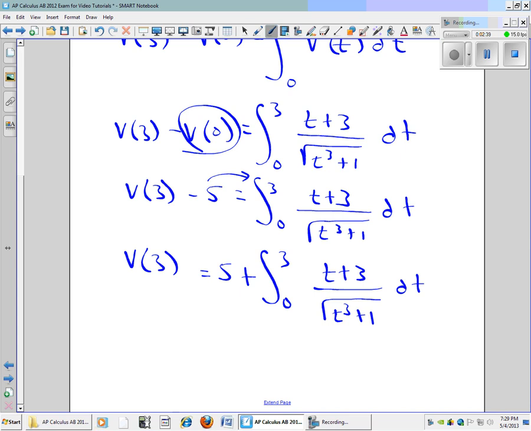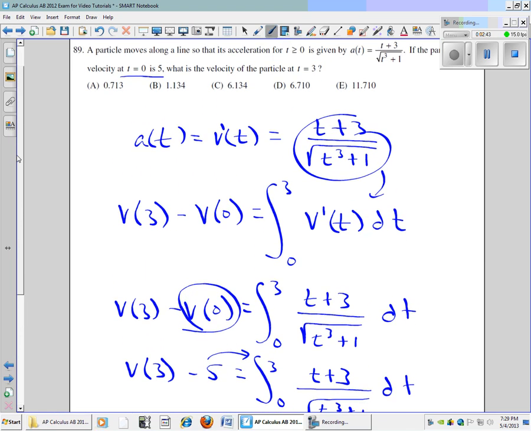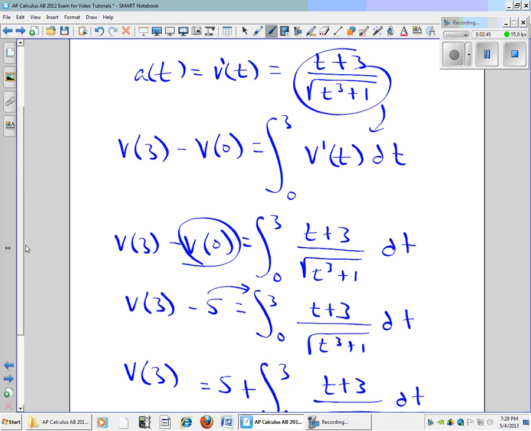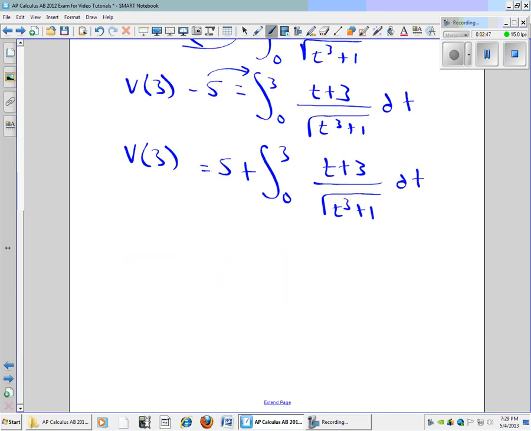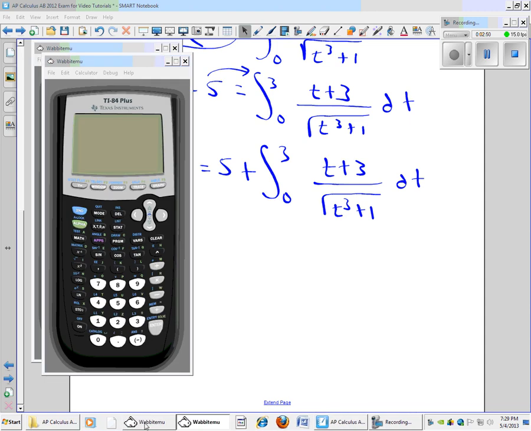And this is where we can put our information into the calculator. And we notice we have decimal answers, and so the calculator is going to be required here. So let's go ahead and pull up the calculator and turn it on. And we want to go to the y equals, and we want to clear it if there's anything there. Now I want to put in that function.